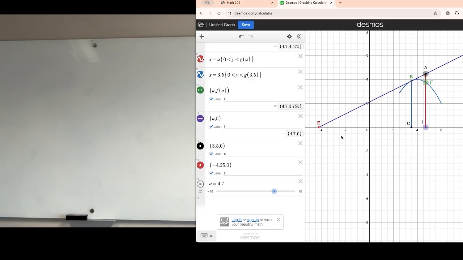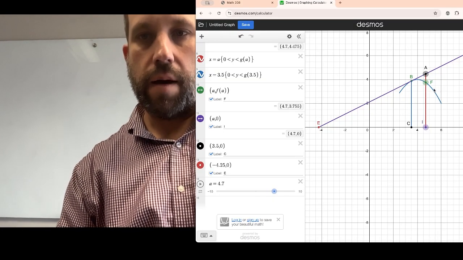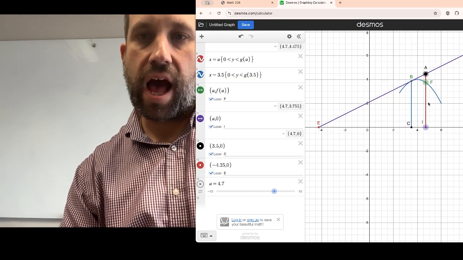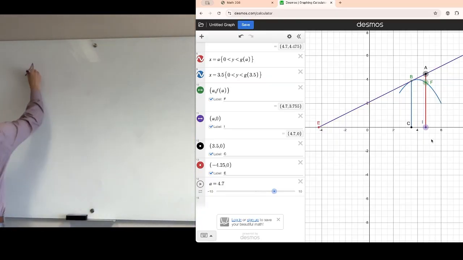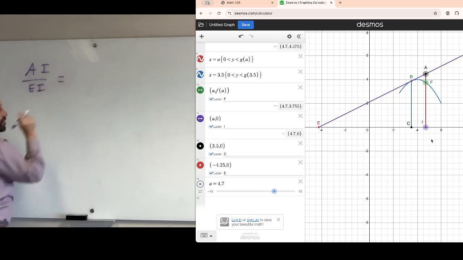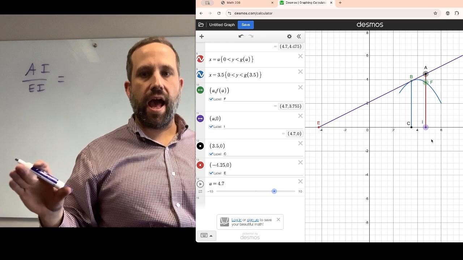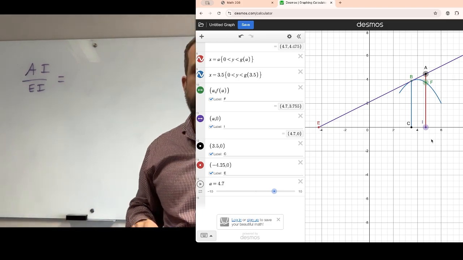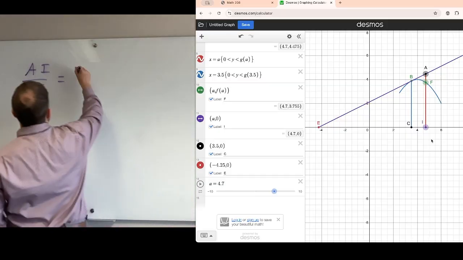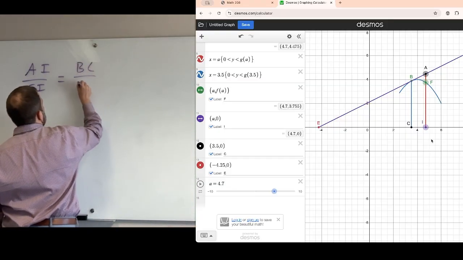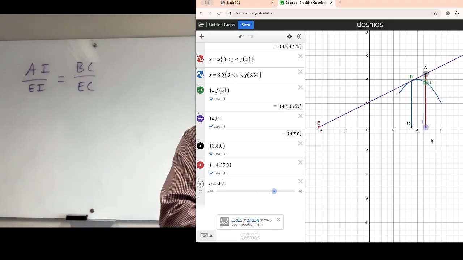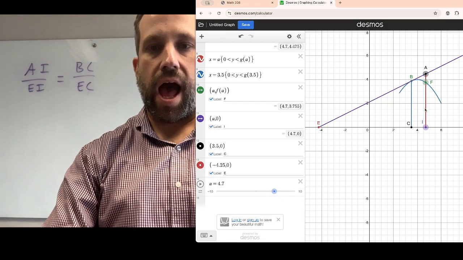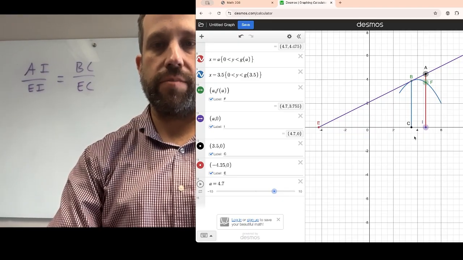Based on similar triangles, we know that AI over EI is exactly equal to BC over EC.